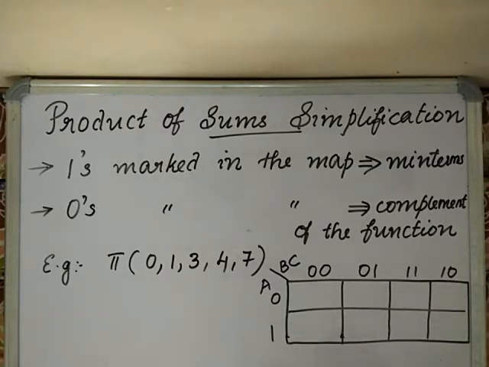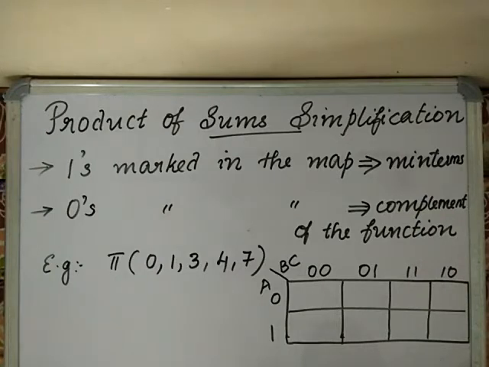The ones marked in the K-map represent all the minterms of the given Boolean function, and the squares marked with zeros represent minterms not included in the function. That means it denotes the complement of the function.